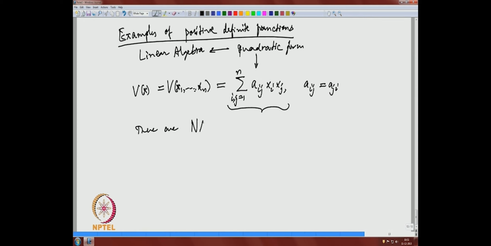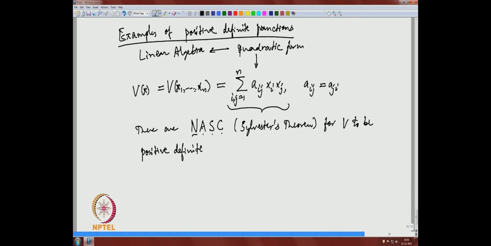This is Sylvester's theorem in the theory of quadratic forms, for V to be positive definite. Okay. So, we will discuss this.